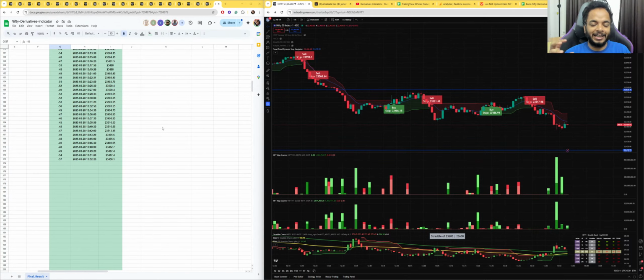Option chain sentiment shows what the big guys are doing there. You can't analyze every variable just by looking at the option chain, so that's where it helps you analyze the whole option chain.